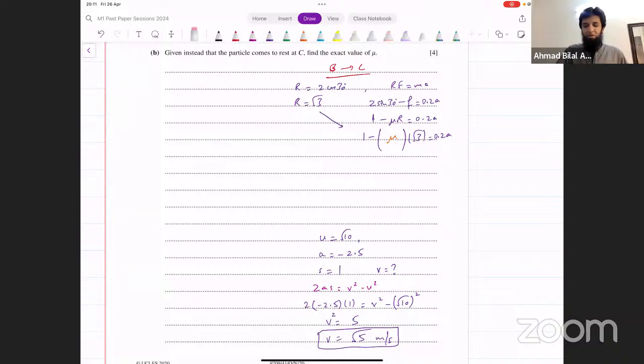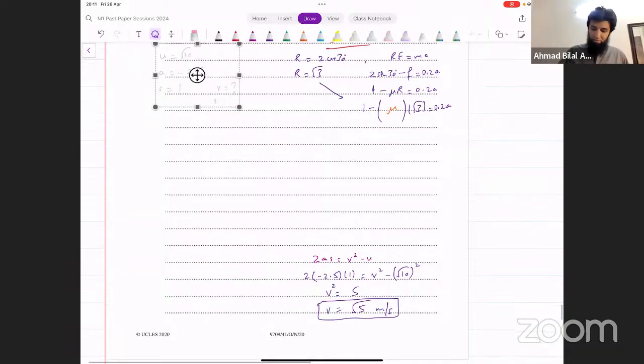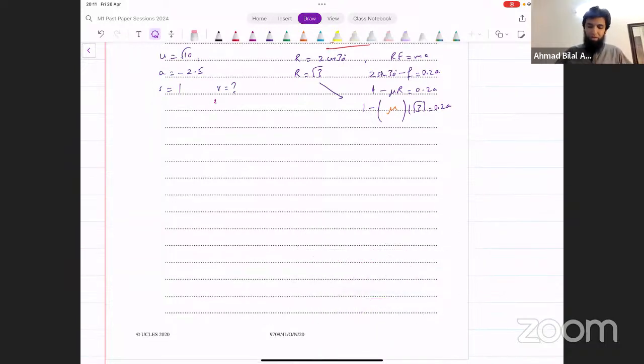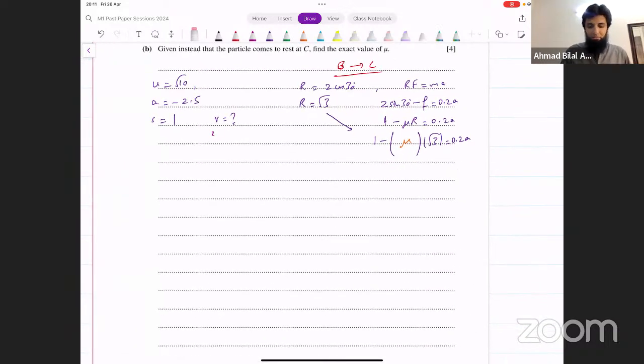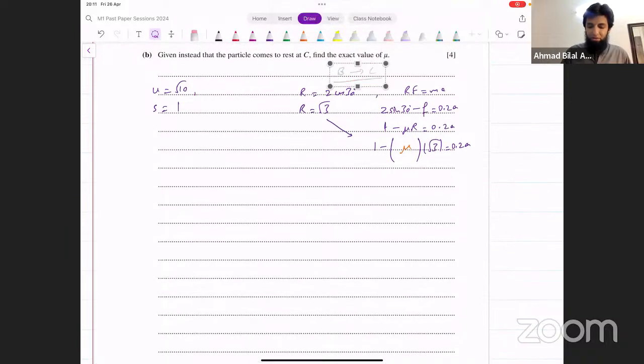We can use this to find mu, but we can only find mu if we know acceleration. We are given some other piece of information now. What we can now do is say the initial velocity was √10. Displacement was 1. These were two things that we knew about the B to C part of the journey.